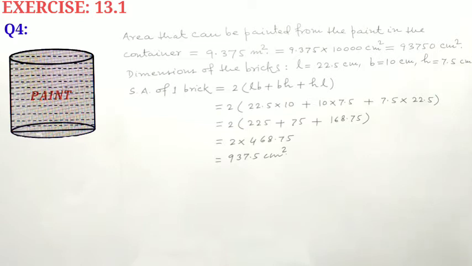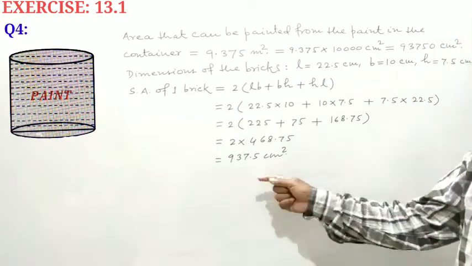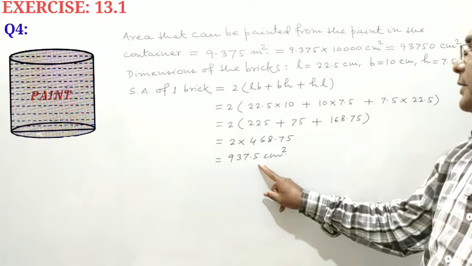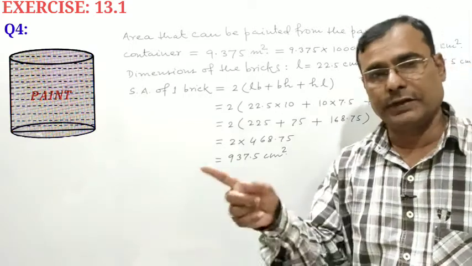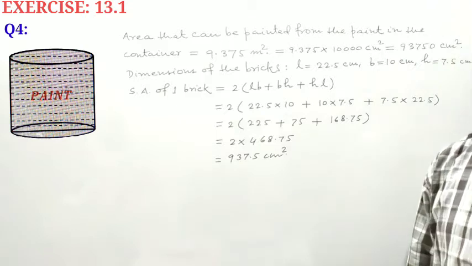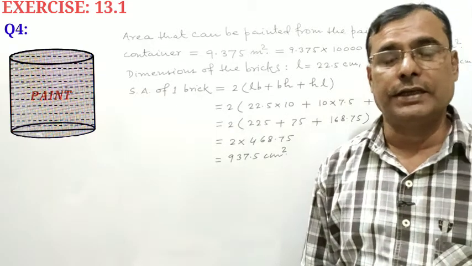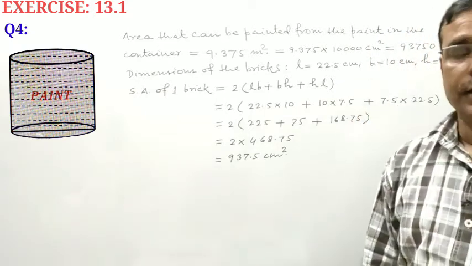So this 93,750 centimeter square area can be painted from the paint that is there in the container, and 937.5 centimeter square is surface area of one brick, and we have to find number of bricks that can be painted from this paint in the container.